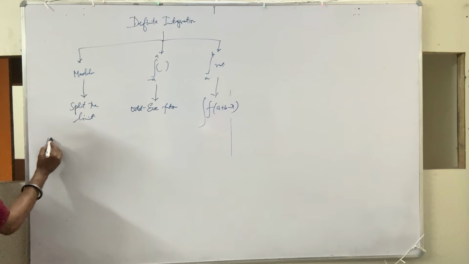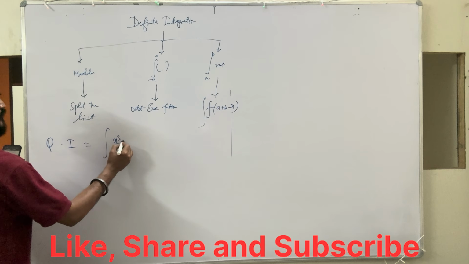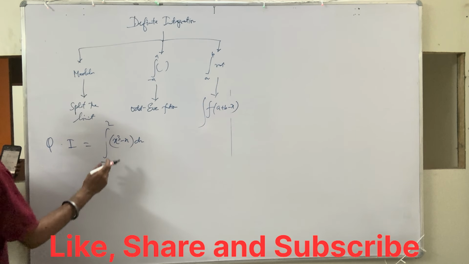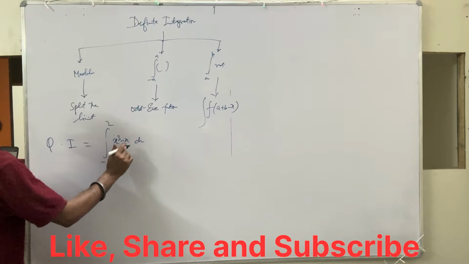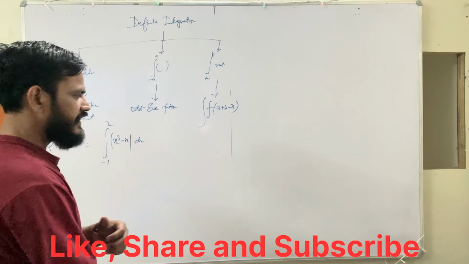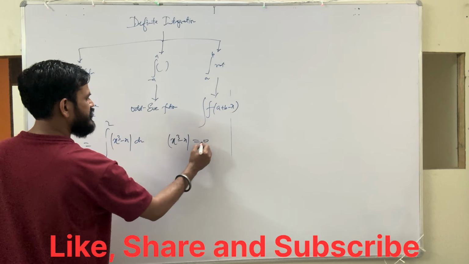So let us take a question. Here I is the integral of modulus of x cube minus x dx. The limit is minus 1 to 2. Now you see this is a modulus function. Since it is a modulus function, we need to find critical points. What are critical points? Where the function is 0.